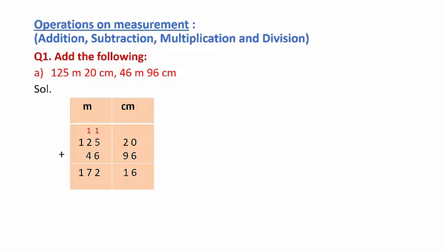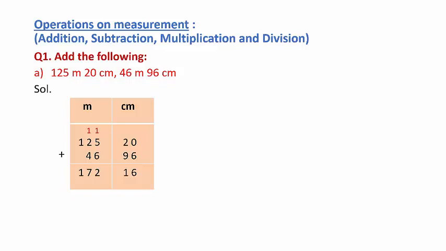So that 100 centimeter we have converted into 1 meter and we have taken carry in the meter column, that is with the red color I have written here 1 and taken carry there. Okay, so here it remains only 16 centimeter.